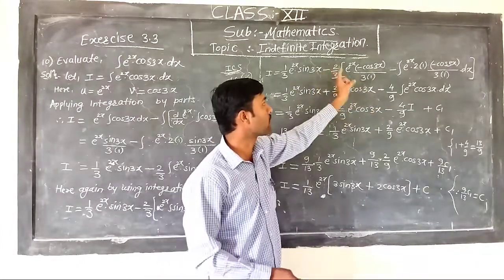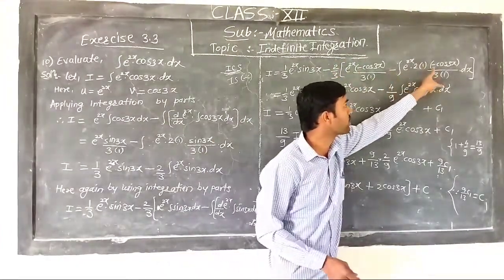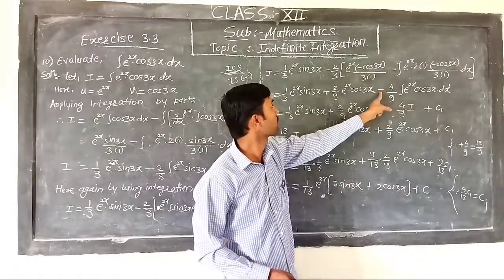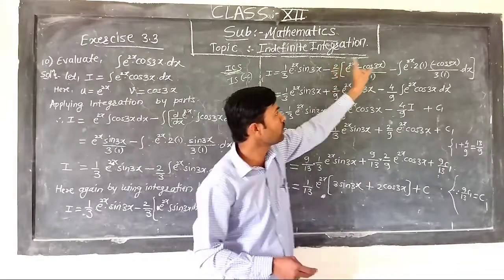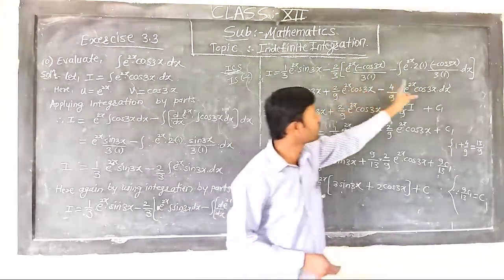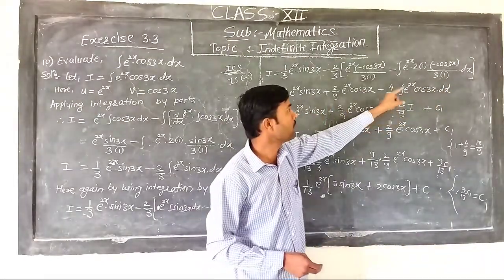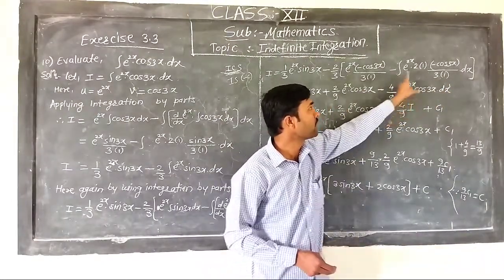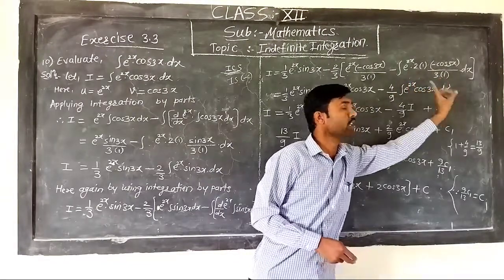Now here in the second term, minus into minus will be plus, and again plus into this minus it will be minus. Now after multiplying by this 2 in the numerator, 2 into 2 it will be 4, and in the denominator 3 into this 3, 3 3s will be 9. Now the remaining terms are the integration of e raised to 2x and cos 3x dx.